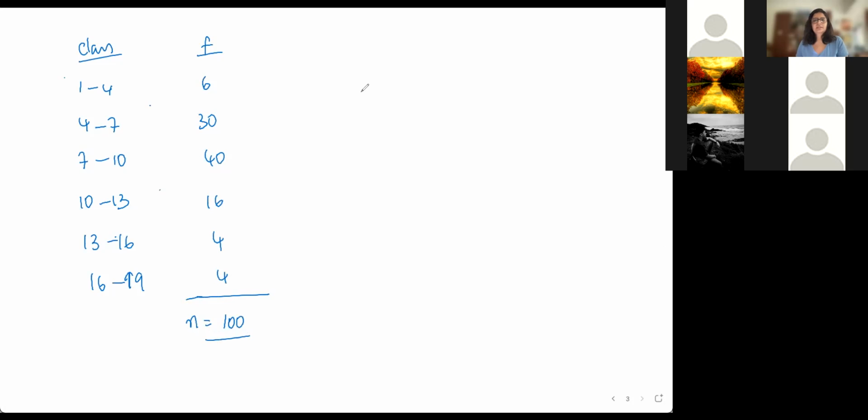Now, make a third column for cumulative frequency. Cumulative is how many values there are in total up to that point. If I consider 1 to 4, up to 4, what is my frequency total? 6. Next, up to 7, it is 36.